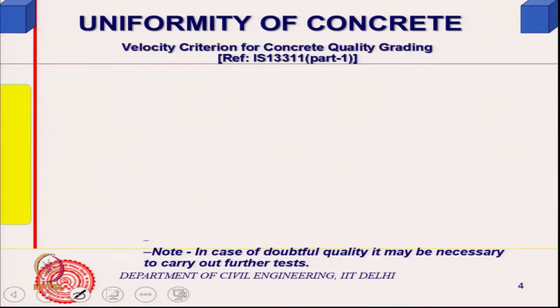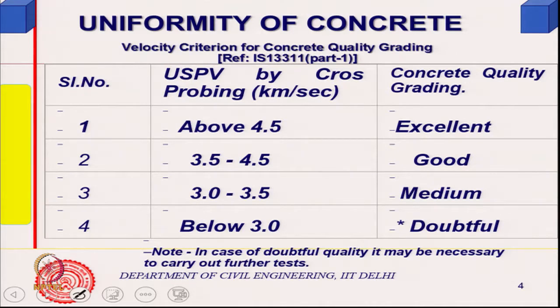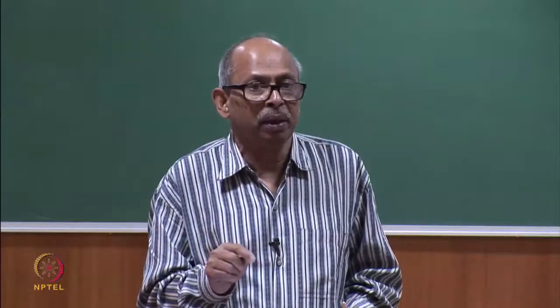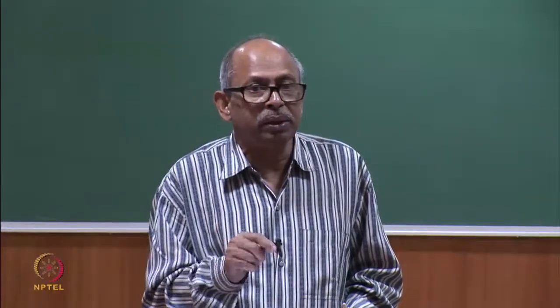It says that if the velocity is more than 4.5, the concrete is excellent. So, soundness of concrete you can judge through this. If it is between 3.5 to 4.5, it is good, and if it is 3.0 to 3.5, it is medium; below 3 it is doubtful. In such a case, you have to do some other test like a core test to find out the actual strength of concrete.